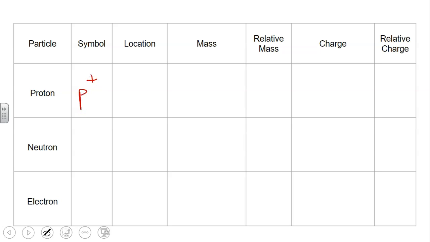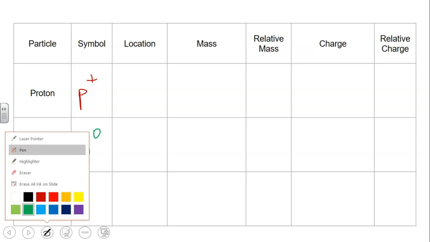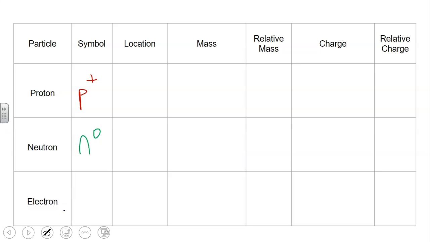You may know from previous classes that the charge on a proton is positive. We have a neutron here whose symbol is going to be an N with a 0 there, indicating nothing. So a neutron is neutral. And then we have an electron, who I will put in blue here, and that's going to have a lowercase e with a little negative charge. That saves us from having to write out all of this information.